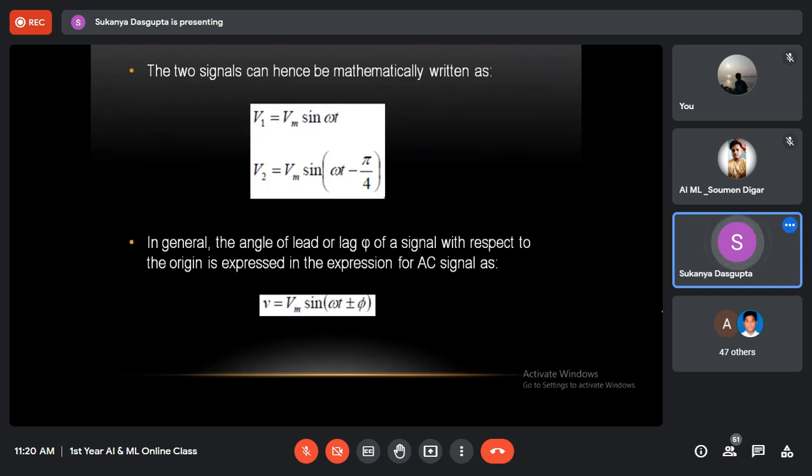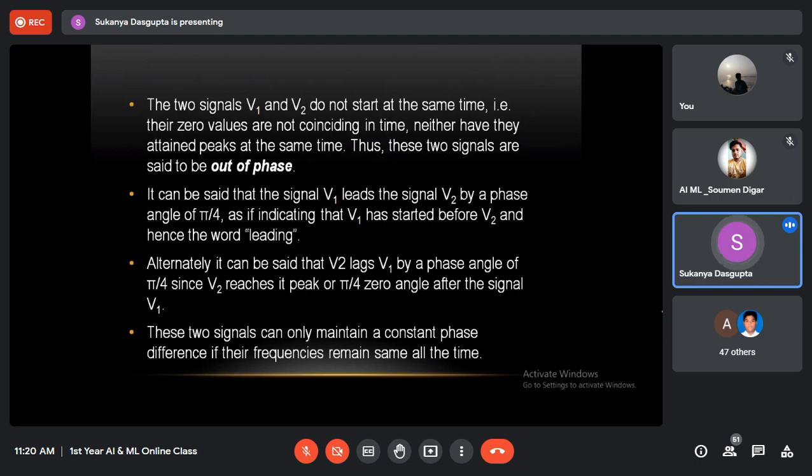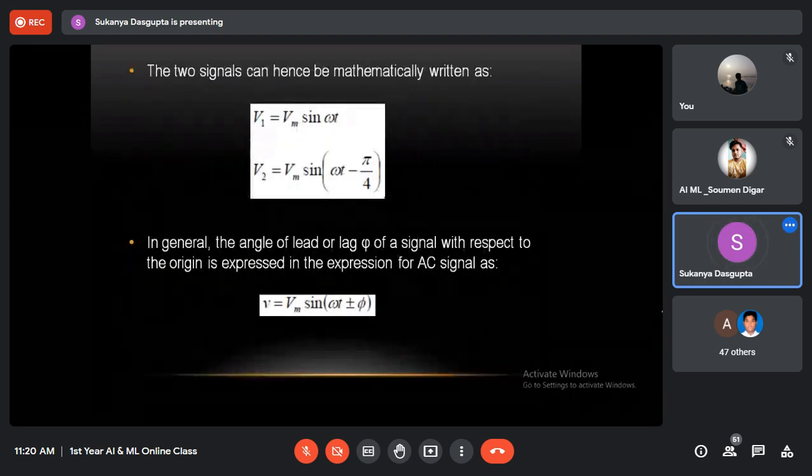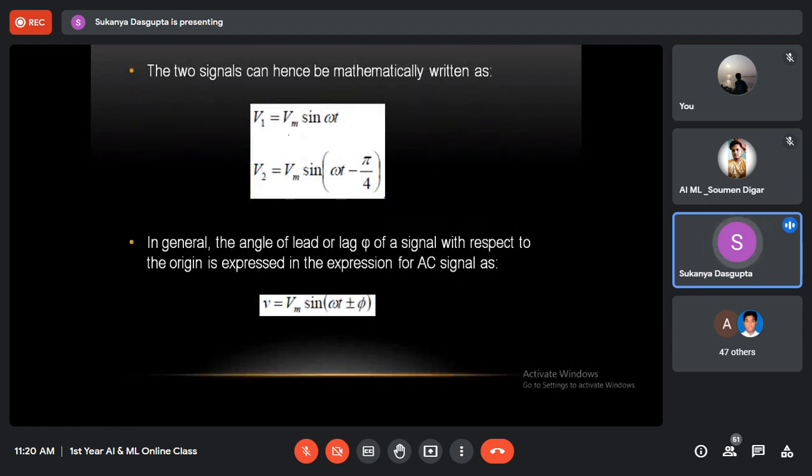So how do we express these two signals mathematically? We considered the black one as the reference one, since it has started from zero instant, so we'll express this V1 as Vm sine omega t, right? And the second one will be expressed as V2 equals Vm sine (omega t minus pi by 4). Since it is lagging V1, we have taken the minus sign here. If it is leading V1, then we'll consider omega t plus pi by 4.